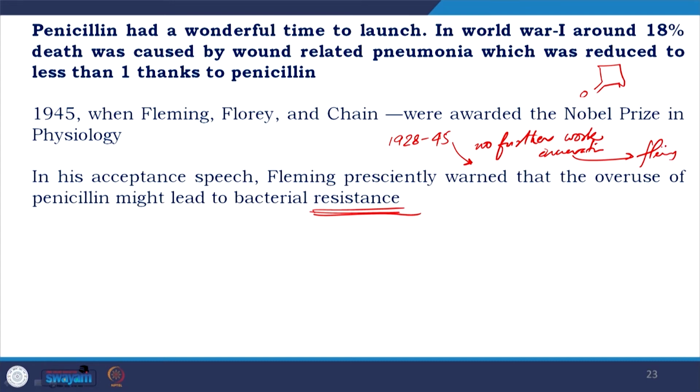Imagine you are the first antibiotic provider. Anyone and everyone would want to utilize it, further write grants and do more work. Alexander Fleming did not. And why he had done so in 1945, today in 2021, standing here, we are realizing what he told, but at that time no one listened to him. Why?